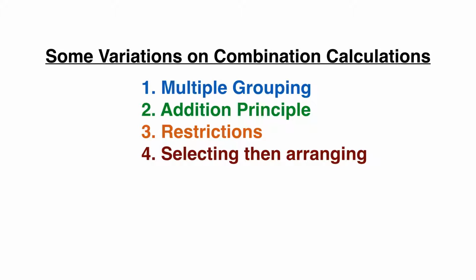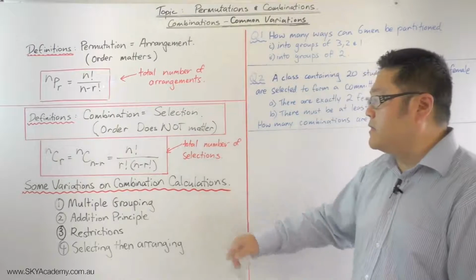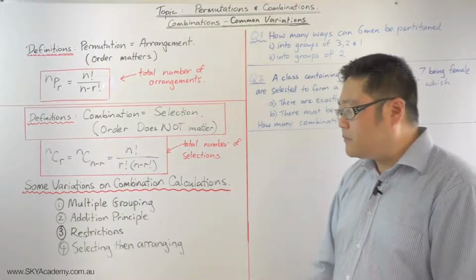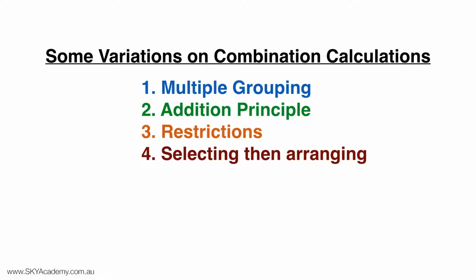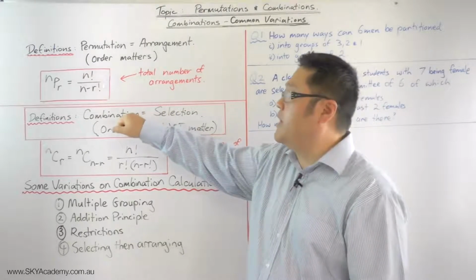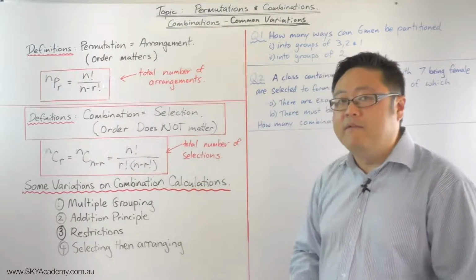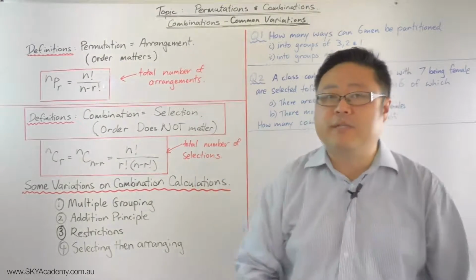They are multiple groupings, the addition principle where you might have restrictions, and another where you do some selecting and then some arranging, which means you have to use a combination of combinations and permutations. That's a mouthful. So there are a couple of common variations on combination questions, so let's go through some of them.